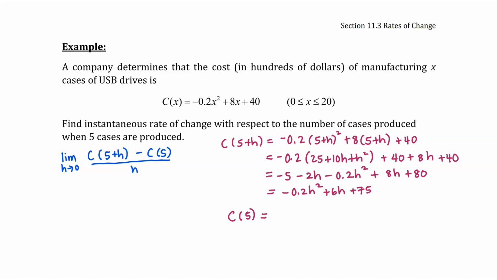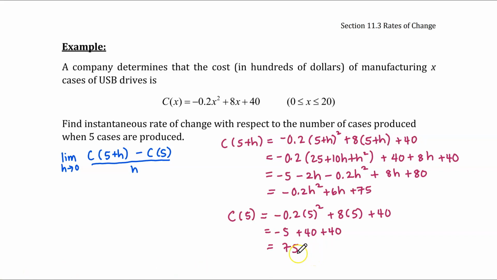C of 5 is equal to negative 0.2 times 5 squared plus 8 times 5 plus 40. So negative 0.2 times 25 is negative 5. 5 times 8 is 40 plus 40. So this gives us 75.